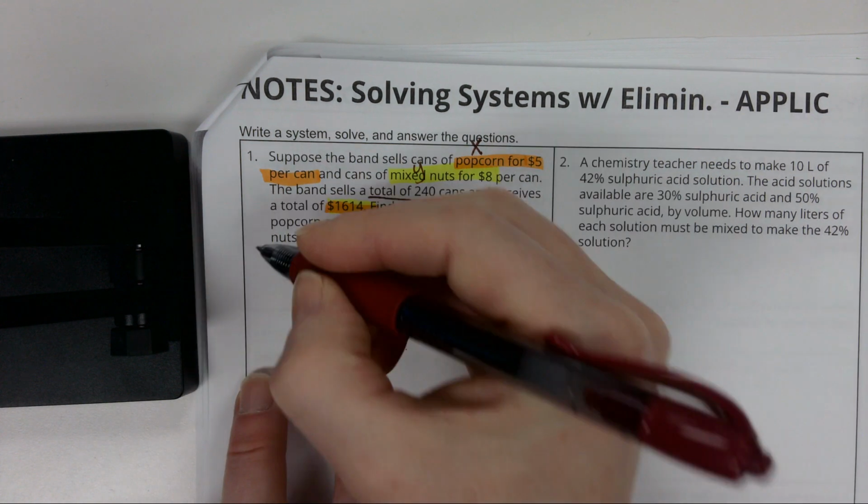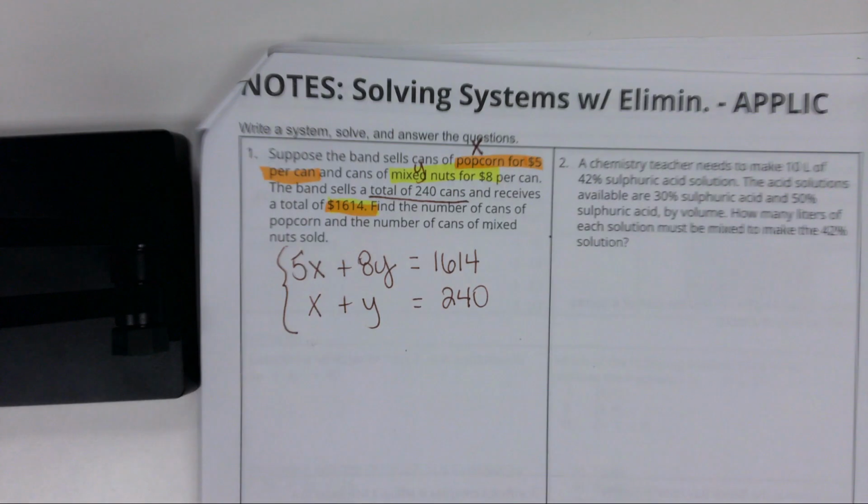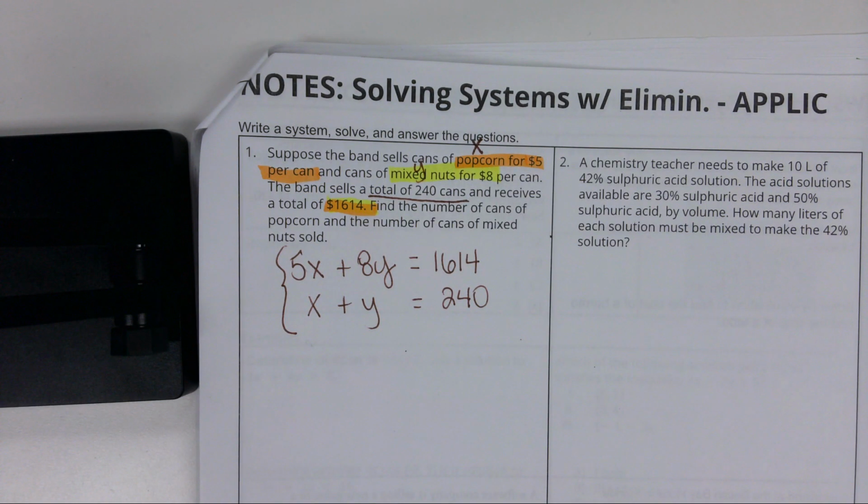Okay, if you were to solve this, somebody tell me how you would start. That part's not hard, I don't think. Go ahead. The bottom of it, you could multiply the bottom by -5. What else could you do? You could multiply the bottom by -8.